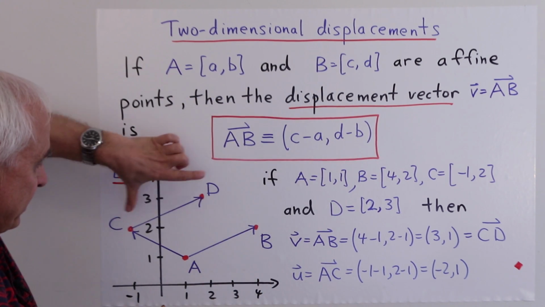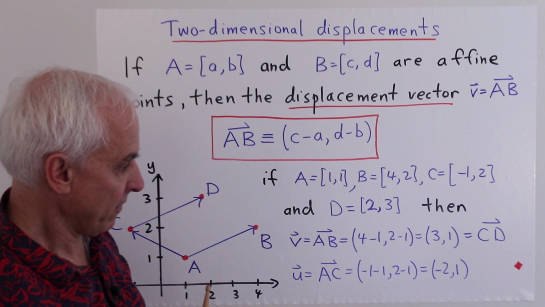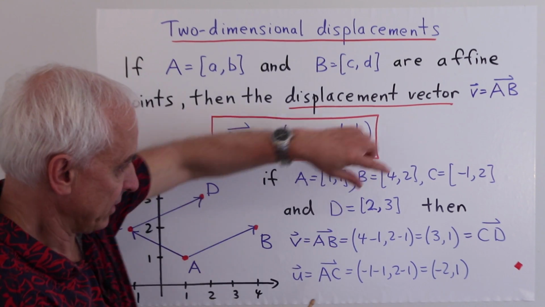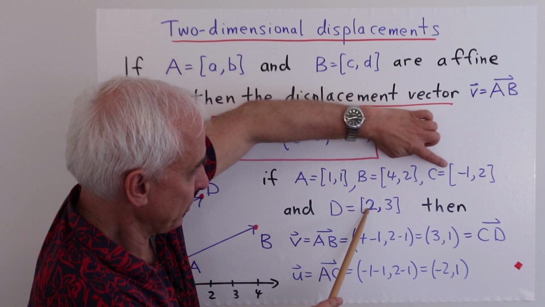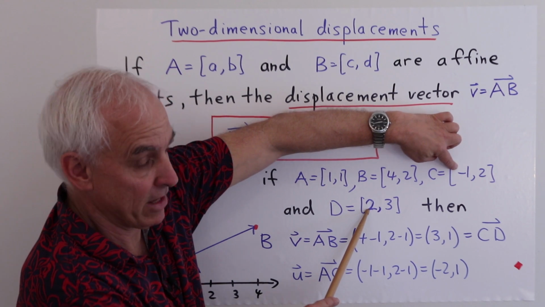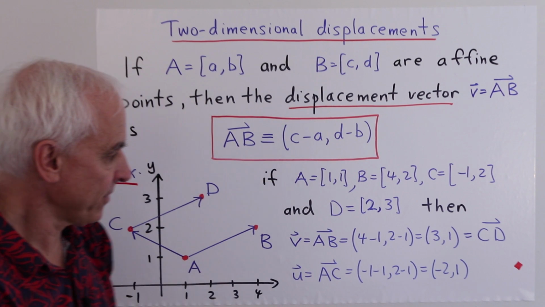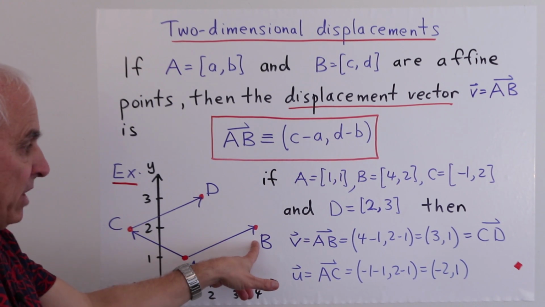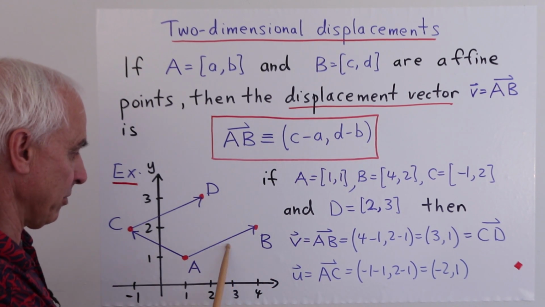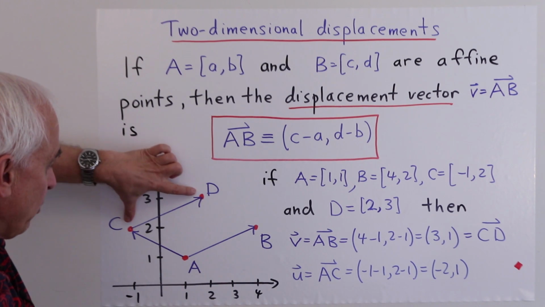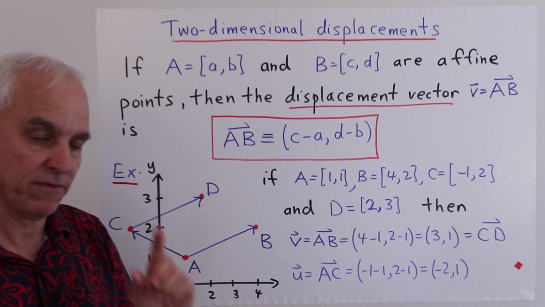And that's the same as the displacement vector CD, because if we compute that, the difference between the x coordinates is 2 minus (-1), that's 3, and 3 minus 2 is also 1. So this vector AB is the vector V, and that's also equal to CD. They're both equal to V.